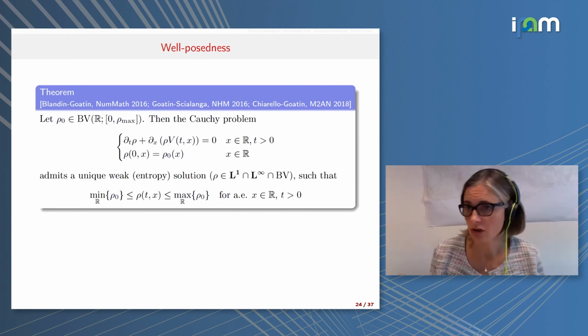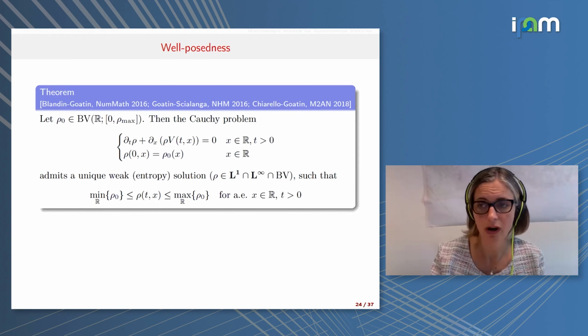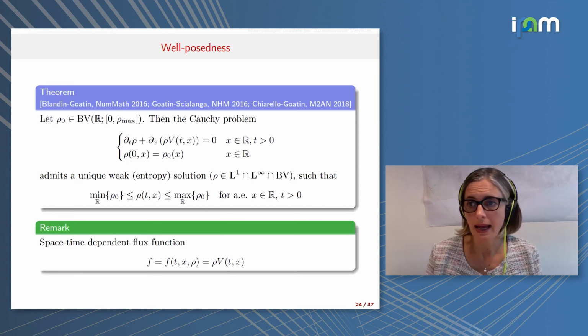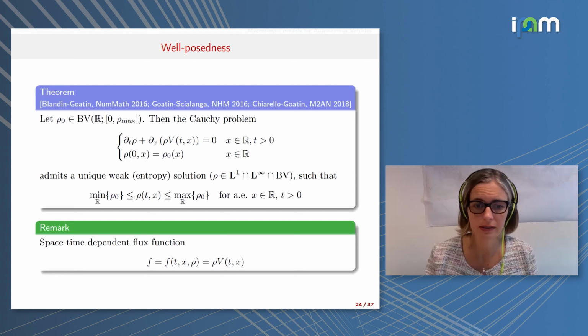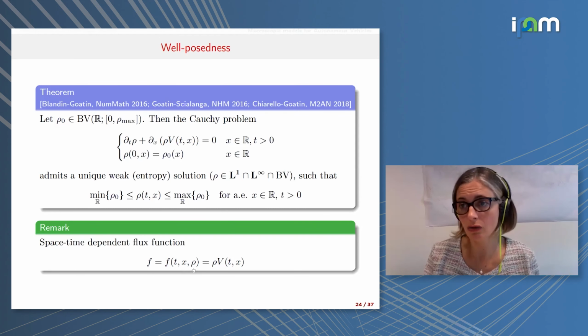And we can construct the solution to this problem. Of course, this is not obvious because now we have a flux function that does not depend only on rho, but depends on t and x through this new speed law, where the density is hidden.